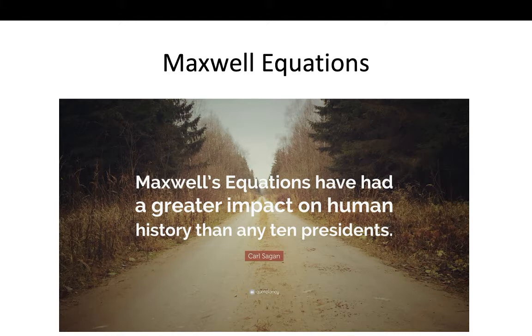So Maxwell equation, we can say, is one of the most important inventions. It is one of the greatest achievements that developed the concept of electromagnetism, the theory that electricity and magnetism are manifestations of the same phenomena.